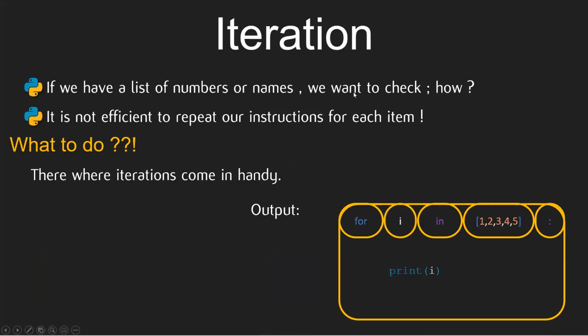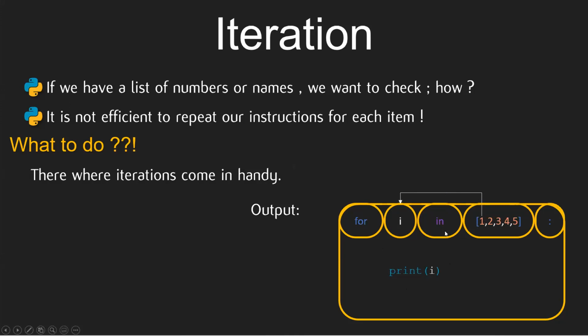So for example, this is our for loop here. As you can read in the code, we are saying for i in this list. What does this code mean? And we are saying print i. This is a simple code. I just divided the code into many parts so it would be easier to understand. When we start the for loop, the moment we start it, it will go to the first item here, take it and assign it to i.